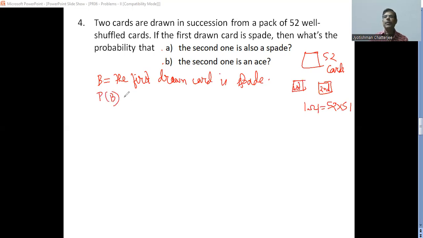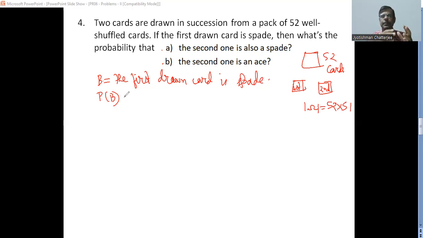Look, B talks about only the first drawn card. So in order to compute the probability of B, we don't need to consider what happened for the second card. That's one way to look at it. The other way is to actually count all the possibilities.